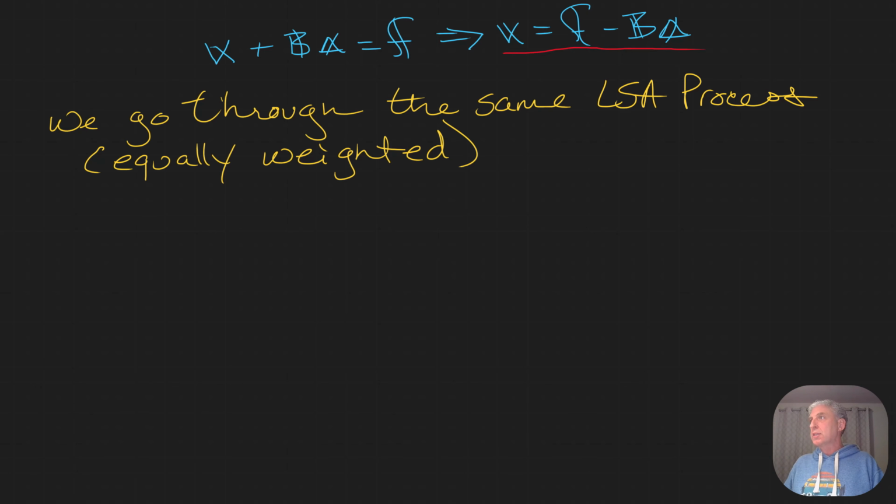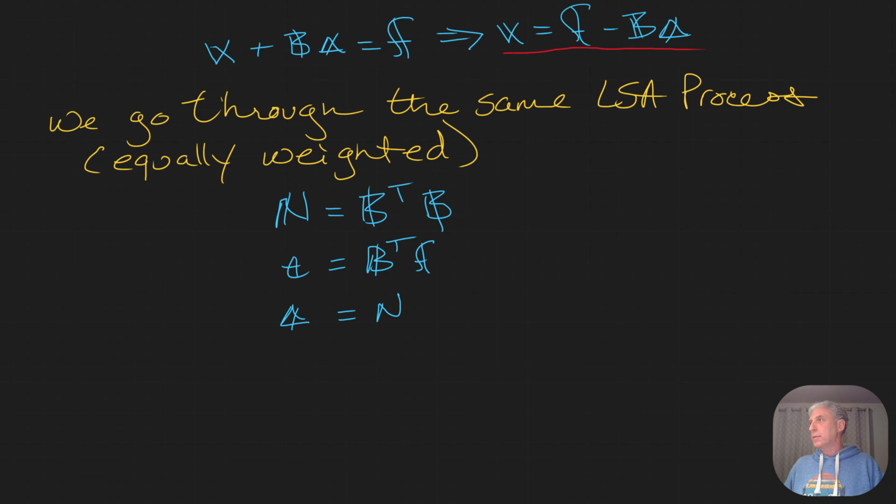So since it's equally weighted, we come up with our N matrix, which is the B transpose times B. And then we come up with our T vector, which is the B transpose F. And then our delta matrix is equal to the inverse of N, just like before.